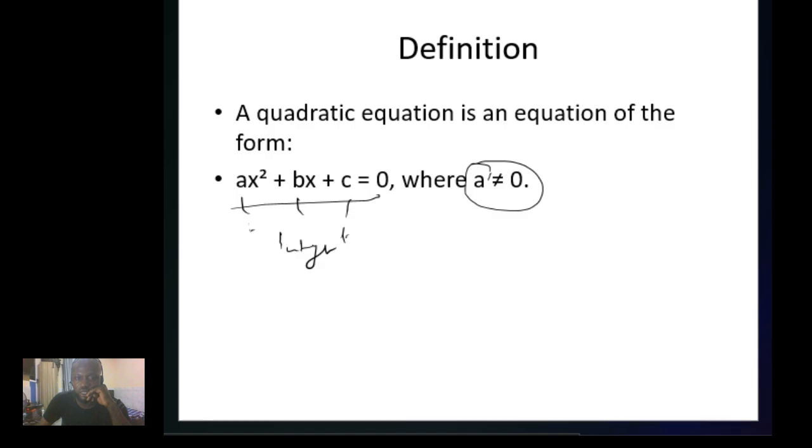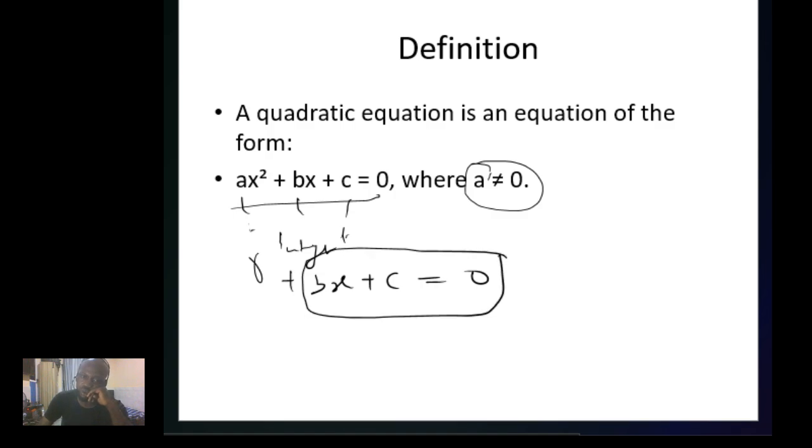Take for example, let's make a to be 0. 0 will be multiplied by this, which makes this 0, and we have 0 plus bx plus c equal to 0. This is no longer a quadratic equation, but a linear equation. So a must not be equal to 0 if you are looking for a quadratic equation. So let's go to the next one.